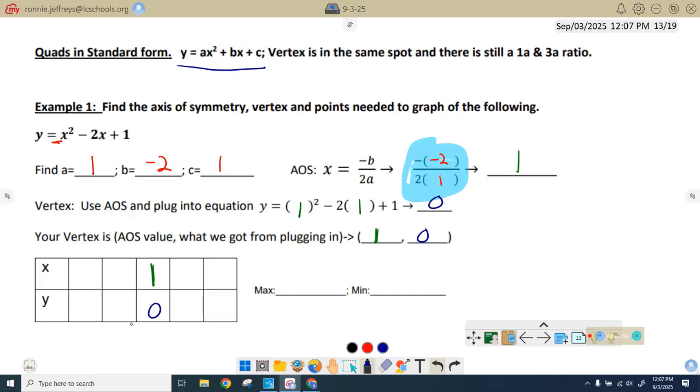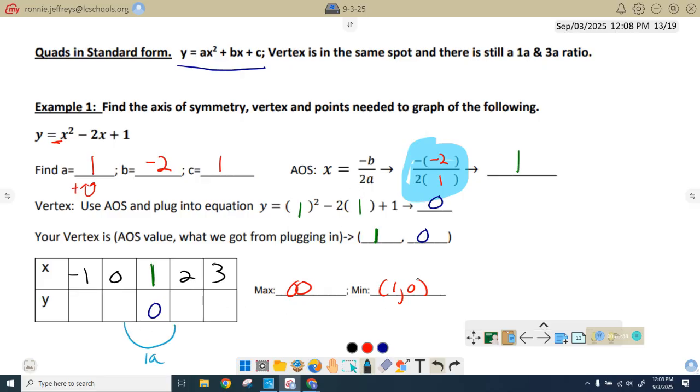Now we know that a is 1, so this is positive, so it opens like this. So our max is infinity, and our min is our vertex. Now you could actually plug these numbers in, or you could use the ratio. So this is 0, 2, 3, -1.